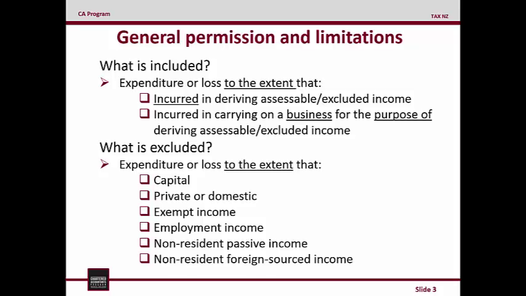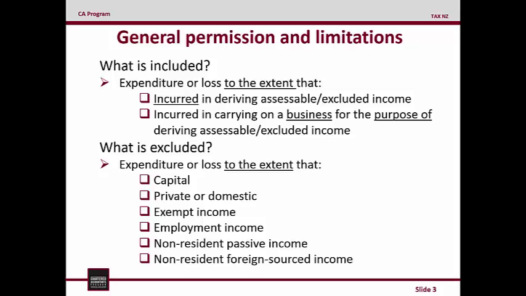For example, where the expenditure will result in an enduring benefit to the taxpayer, it's more likely to be of a capital nature. It's important to remember that while a capital expense cannot be claimed as a general deduction, it might be included in the cost of a depreciable asset and thus included in a calculation of a depreciation expense. You'll learn about these specific deductions later in the module.